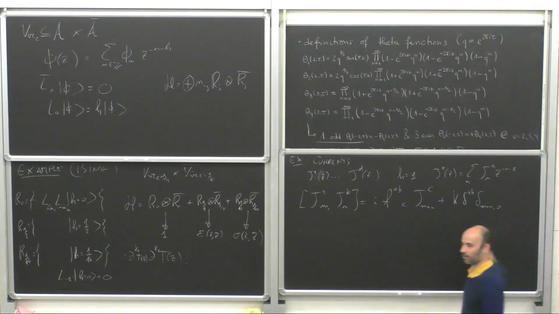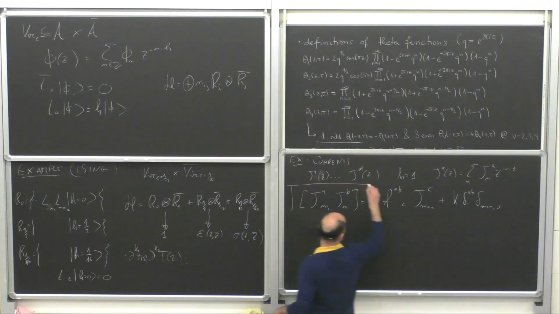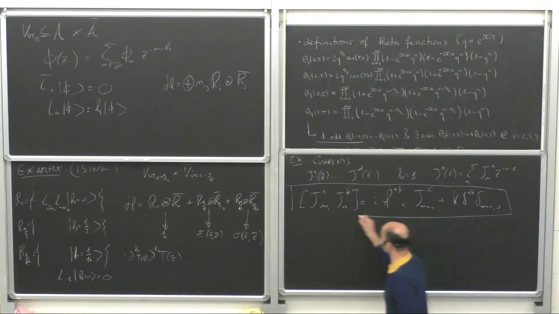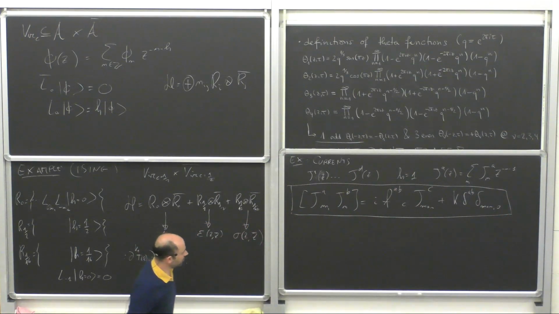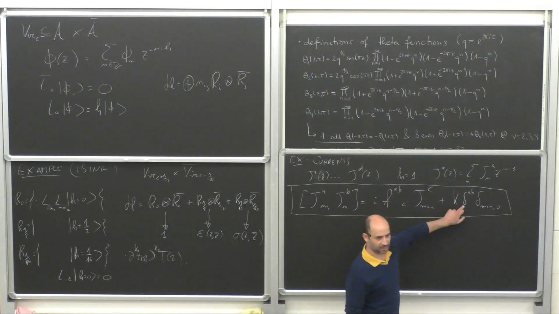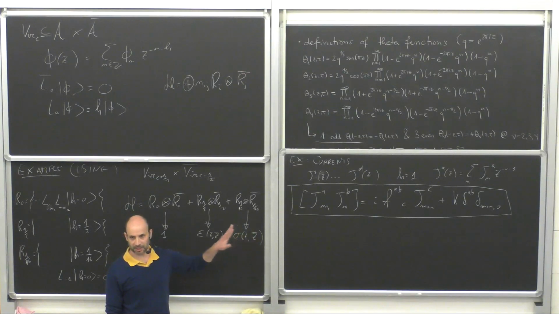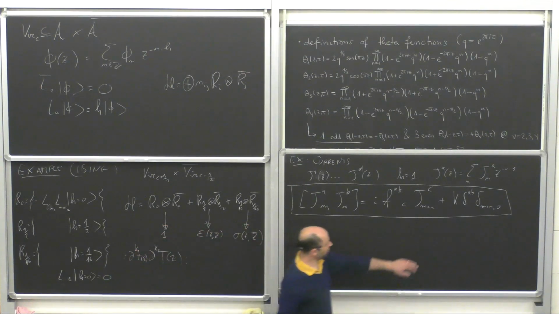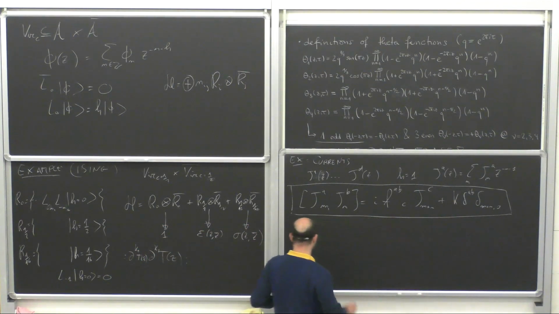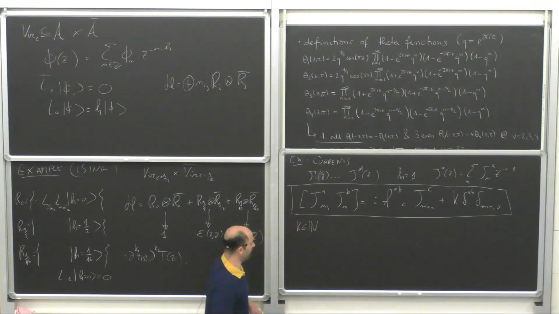This is the only form that the algebra of these modes can take, essentially. These f^{ABC} are some constants, and K is another constant. With suitable normalization of these currents, if you want a unitary theory, this K should be a natural number, which is called the level.